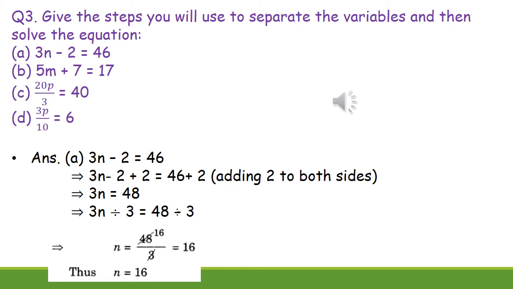So 3n plus 0 is equal to 48. Now we are dividing 3n divided by 3 is equal to 48 divided by 3. We are dividing by 3 on both sides. So n is equal to 48 by 3, that is equal to 16.